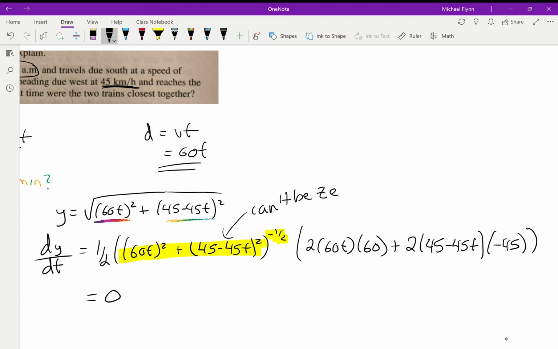Because if it were 0, it would be a division by 0, and that will not make the expression 0. So we can ignore that whole thing, including the 1/2. The 1/2 just factors out anyway, so we can even ignore that, okay?